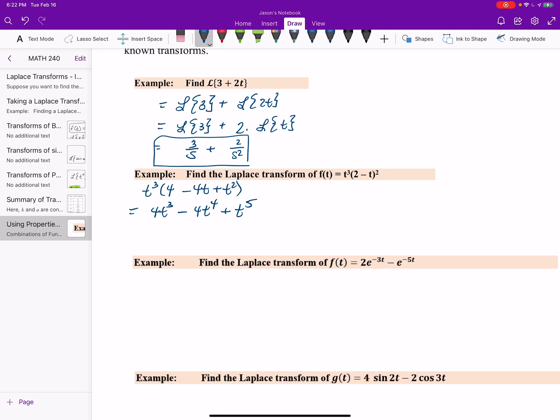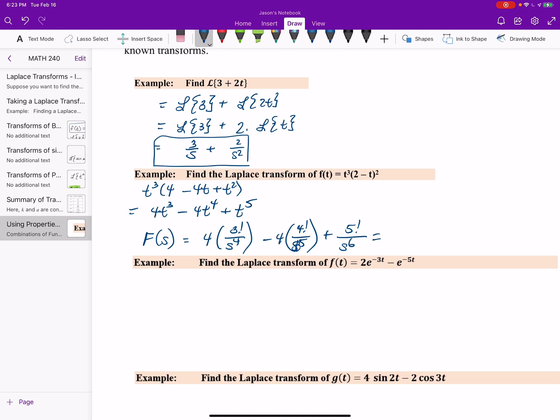So then that means that the Laplace transform, which I'm just going to write as big F of s, is, well, let's see. It's 4 times the transform of t to the third, which is 3 factorial over s to the fourth, minus 4 times the transform of t to the fourth, which is 4 factorial over s to the fifth, and then plus the Laplace transform of t to the fifth, which is 5 factorial over s to the sixth.